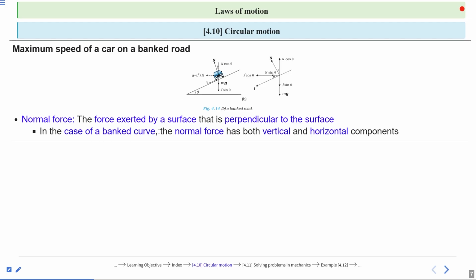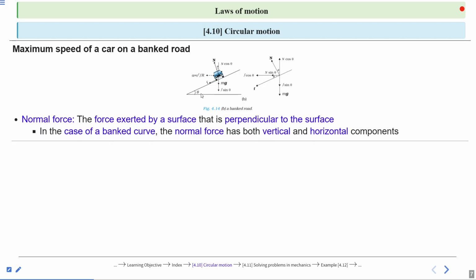In the case of a banked curve, the normal force has both vertical and horizontal components. We know the normal reaction has two components. First is the horizontal component, second is the vertical component. The horizontal component is N sin theta, and the second one, the vertical component, is N cos theta, when we resolve the normal reaction.